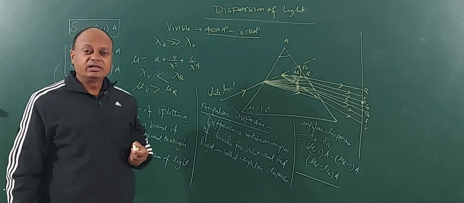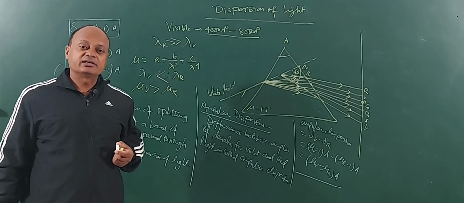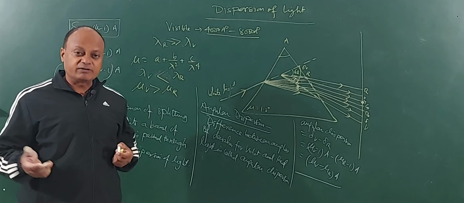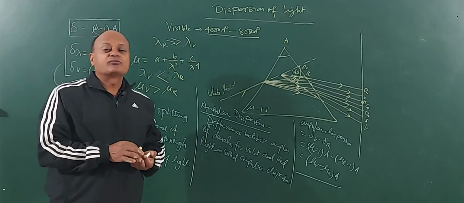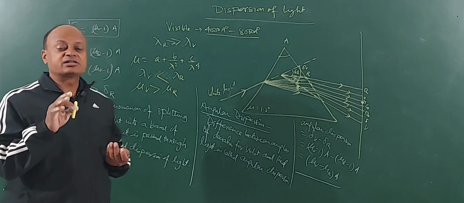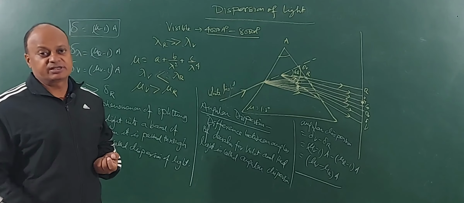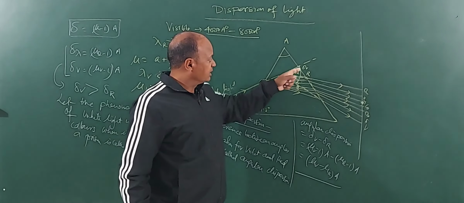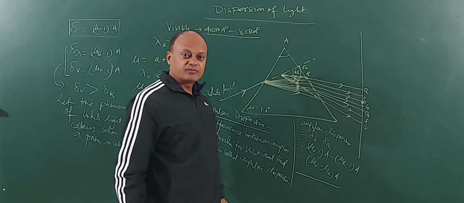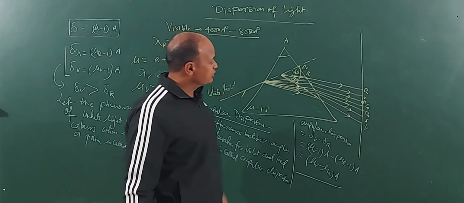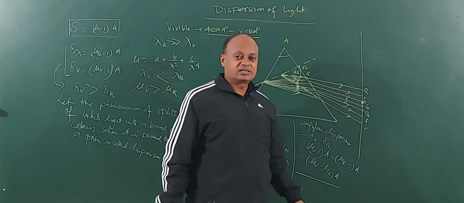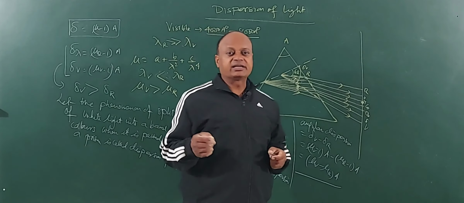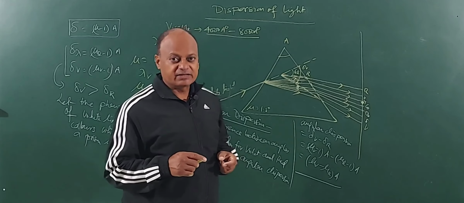So, you may wonder what refractive index is given in the question, whether it is red, violet or green. Actually, the refractive index which is given is called the mean refractive index, the mean of refractive indexes for violet and red. Clear? And this corresponds to the refractive index of yellow light.